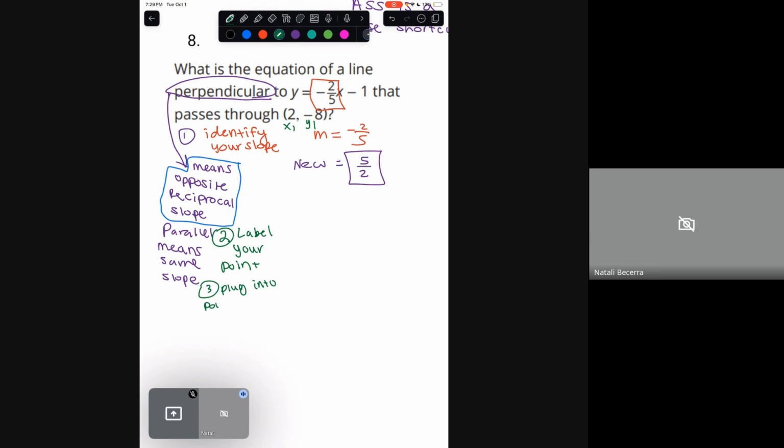So I labeled my point, and step 3 is to plug into point slope formula. Okay, so I have y minus y1 equals m times x minus x1. So I have y minus my y1, which is negative 8, equals m. I'm using the 5 over 2. x minus x1 was 2.